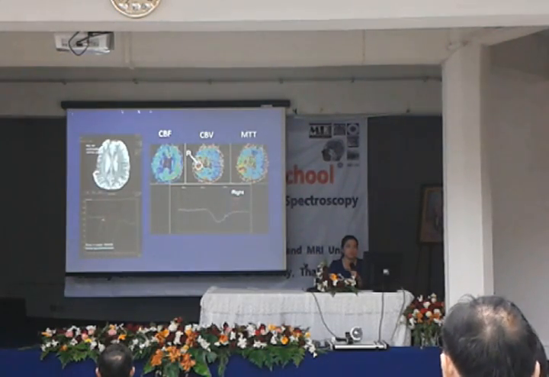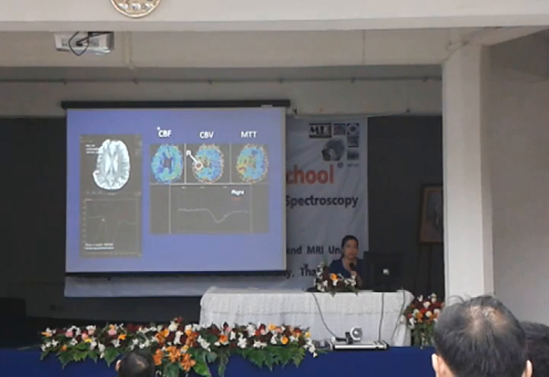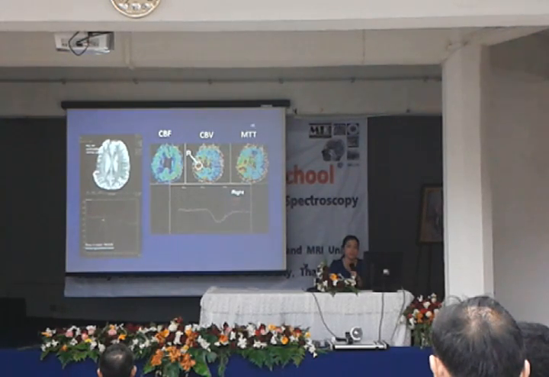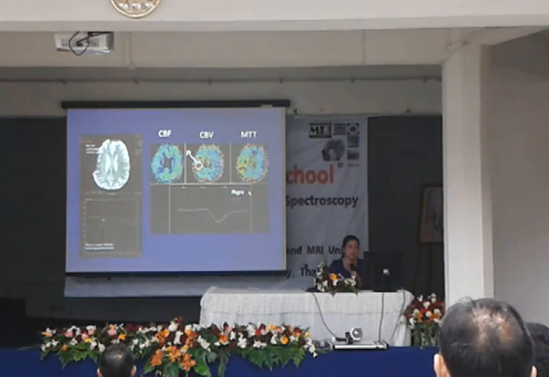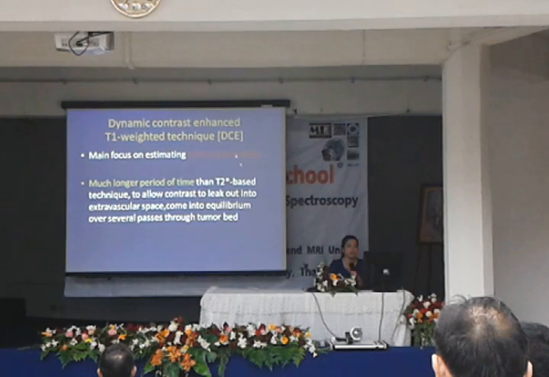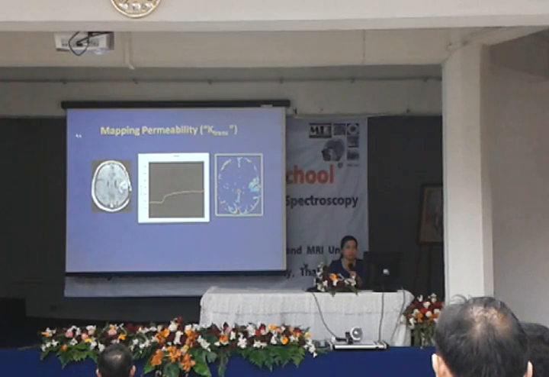We can generate parameters from the MR perfusion. We can get cerebral blood flow, cerebral blood volume, and mean transit time color map images. And for dynamic contrast in T1, the main focus is to estimate tumor permeability. The picture like this is what we call the Ktrans.